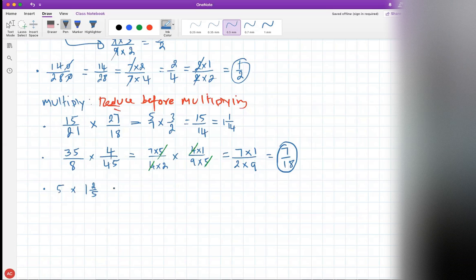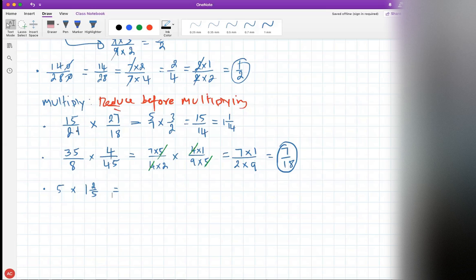So see, this looks a lot unfamiliar because we were multiplying fractions, but now we have a mixed number, we have a whole number, they're completely different numbers. What do you think we need to do first?